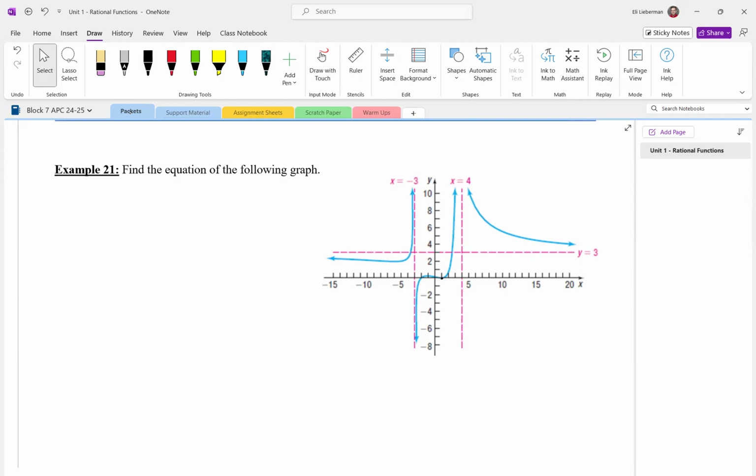One of them squared, right? And then x plus 3 is squared. It's just balanced.